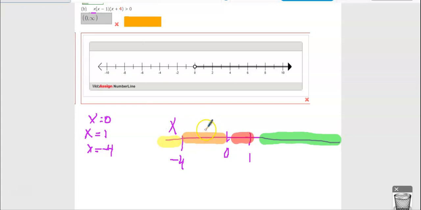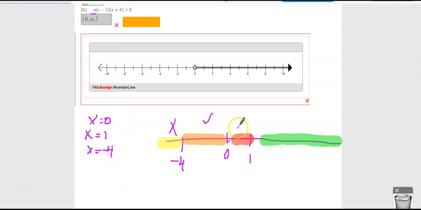Try some number over here. So try -1. That's going to be a positive. So this section over here does work. And then you could do the same thing with this section and this section and see which sections actually work. Pick some random number in here, like 1/2.